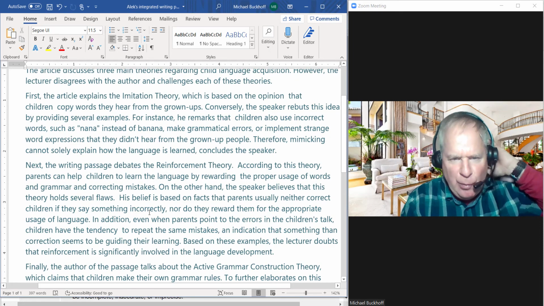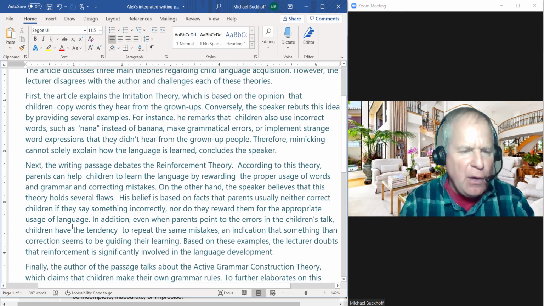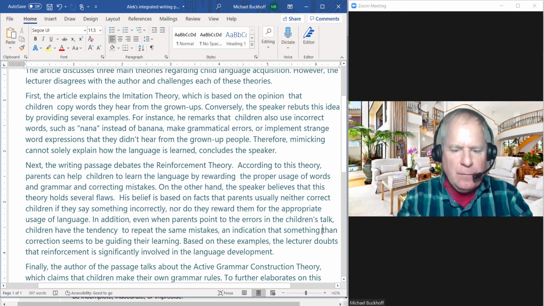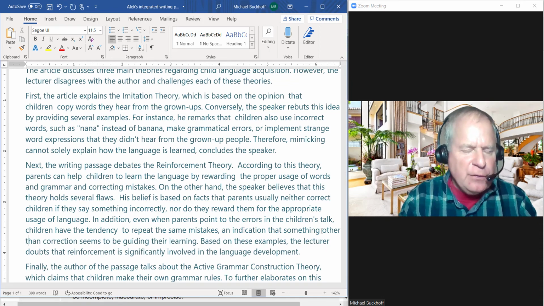In addition, even when parents point to the errors in the children's talk, children have the tendency to repeat the same mistakes, an indication that something other than correction seems to be guiding their learning.